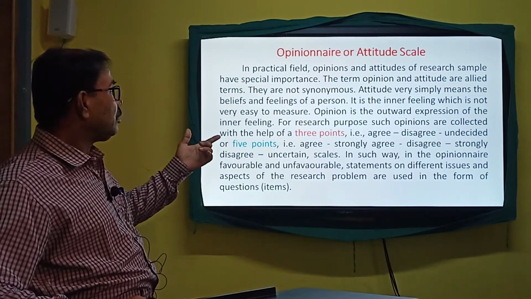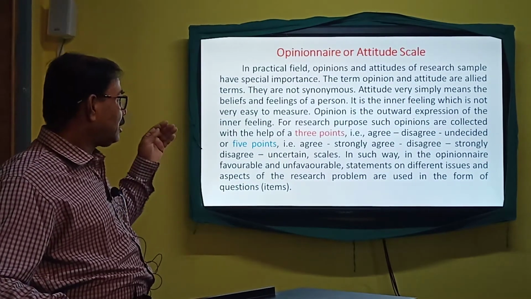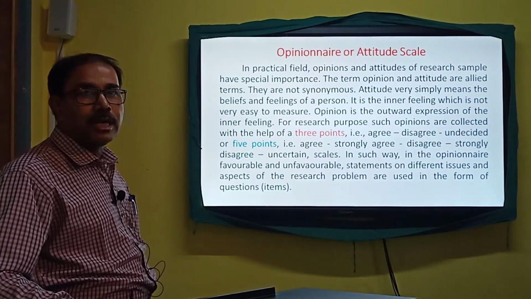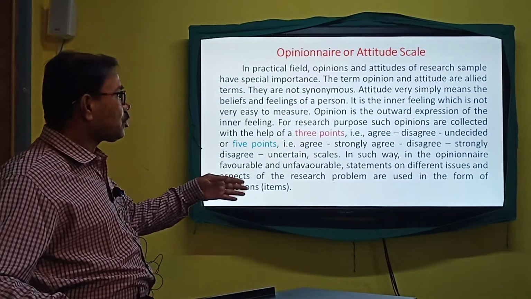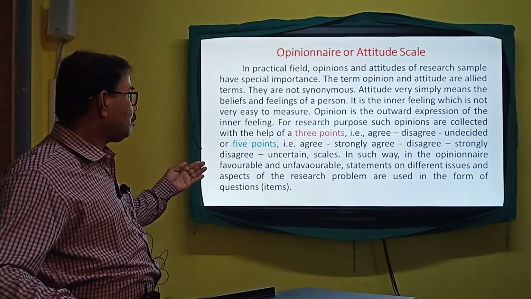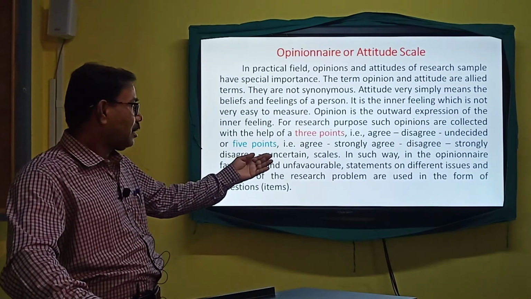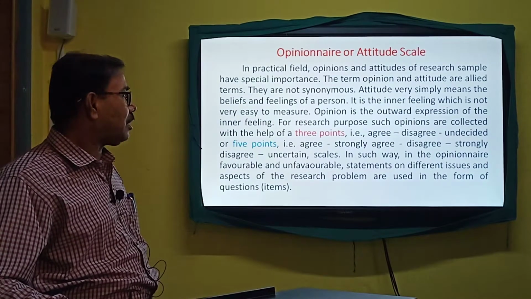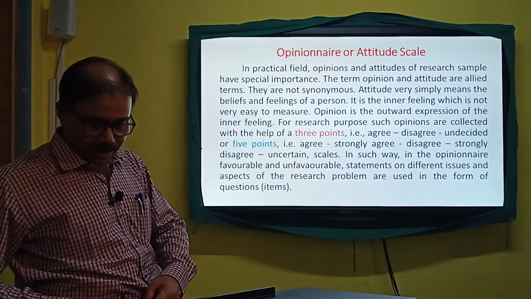In the first one, there are 3 points of measurement, and in the second scale, 5 points for the measurement of the opinion. In such way, in the opinionnaire, favorable and unfavorable statements on different issues and aspects of the research problem are used in the form of questions or items.